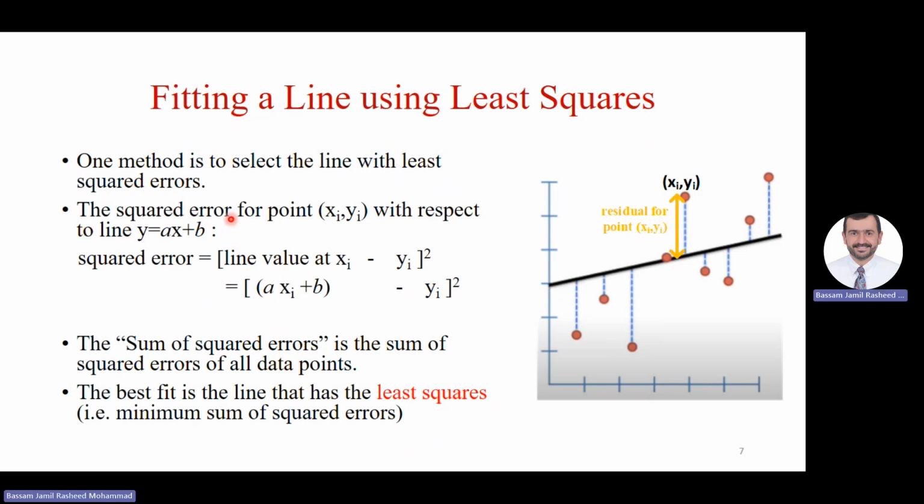So the squared error for point xi, yi, any point, with respect to this line is computed as such. Let's suppose, for example, I have this data from my training data. When I use this as my line to model this data, as the best fitting line, then there will be an error. How can I compute this?